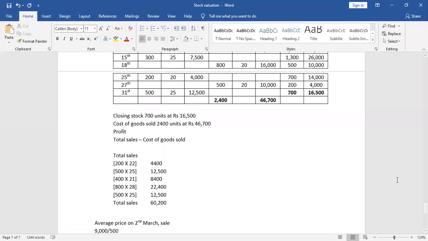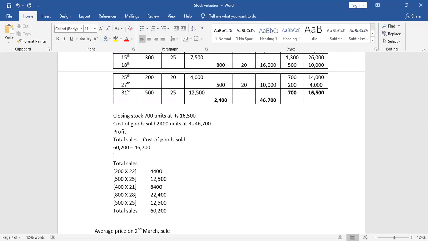So 60,200 is our total sales. 60,200 minus 46,700 is the cost of sales. So our profit will be rupees 13,500. Rupees 13,500 is the profit. Any confusion with this? This sum is done.